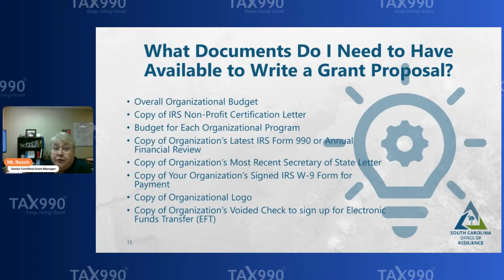I found a couple free new ones. Grant Watch is not one of the cheapest. There's a new one called Connect2Grants, and I'm going to type it in. One of my partners at the Service Corps of Retired Executives pointed this one out to me.